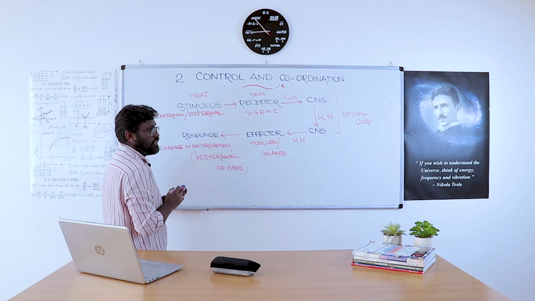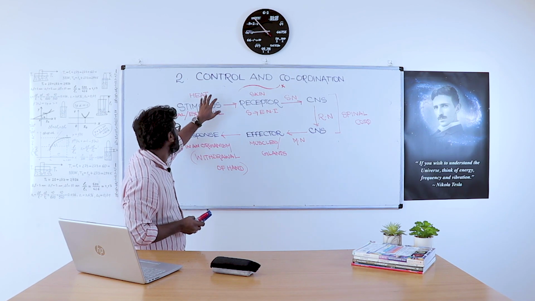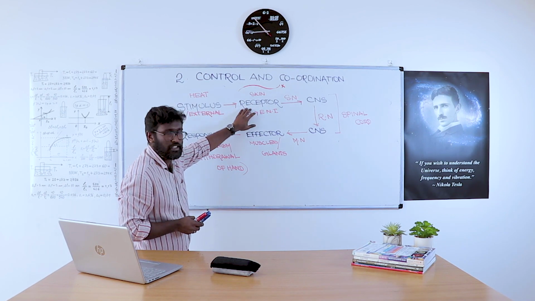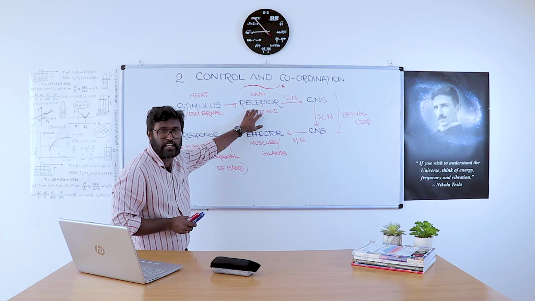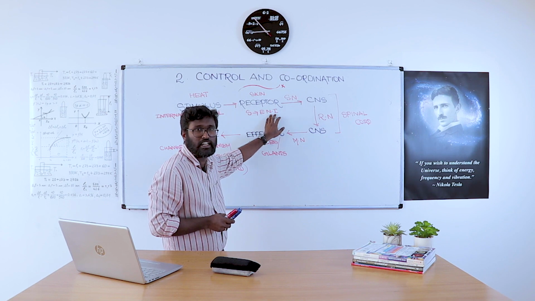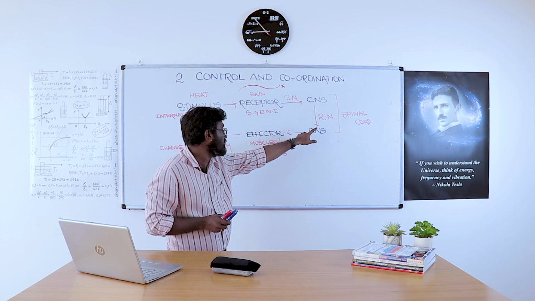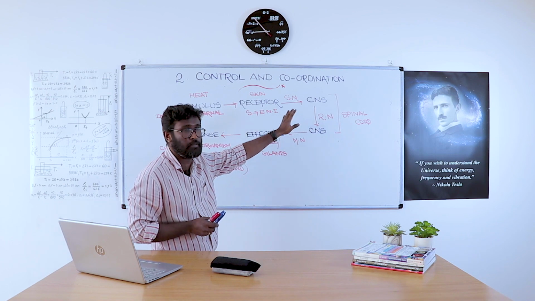Whenever we touch a hot body, heat is the stimulus, and it is received by the receptor organ called the skin. Here the stimulus is converted into an electrical nerve impulse, which is transferred to the central nervous system, accurately the spinal cord.